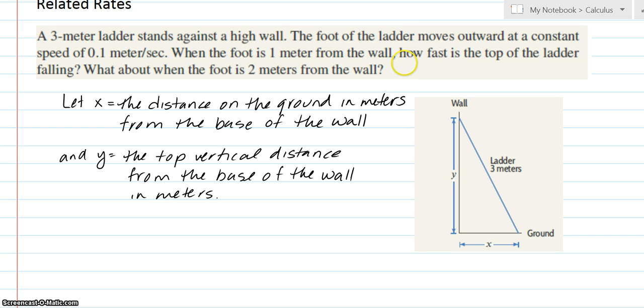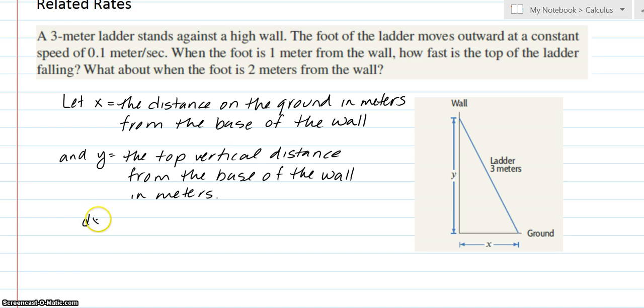And what we want to know is how fast is y changing with respect to time, not with respect to x, and how it's related to how fast this x distance is changing, because they're giving us that x distance. The foot of the ladder moves outward at a constant speed of 0.1 meters per second, so that would be that x distance.